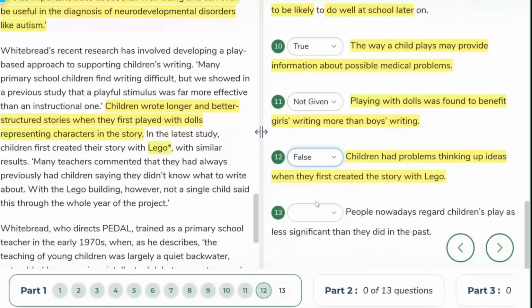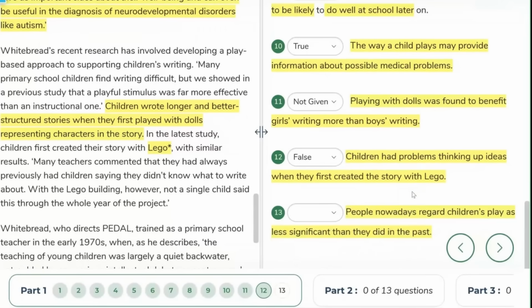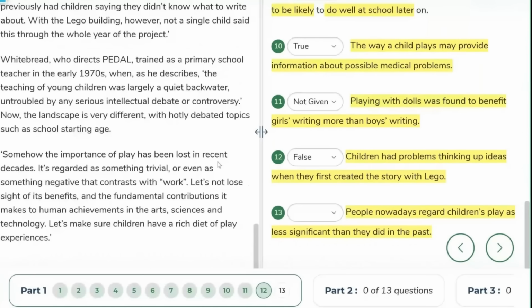Okay, let's get going. Question number 13. People nowadays regard children's play as less significant than they did in the past. Whenever they say anything about nowadays, you need to come to the last paragraph. So, nowadays, recent decades.